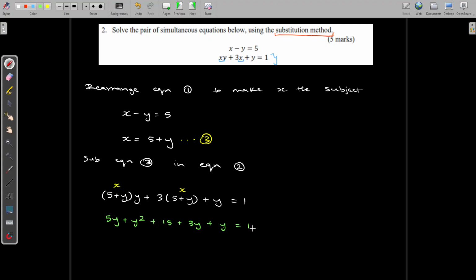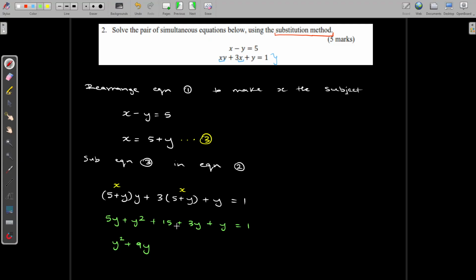So after we've done all of that, the next thing for us to do now is group like terms. So the idea is to group like terms and get our simplified quadratic. So we're going to put the y squared. So we have 5y, 3y, and 1y. So that's 9y. So y squared plus 9y.